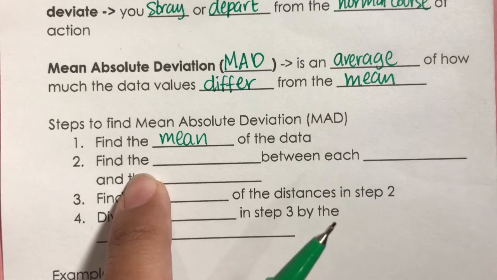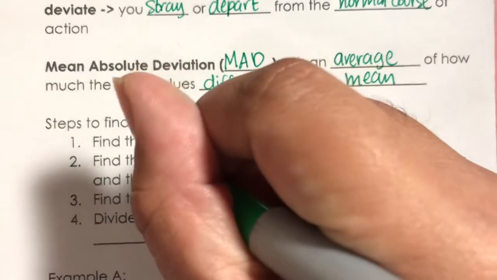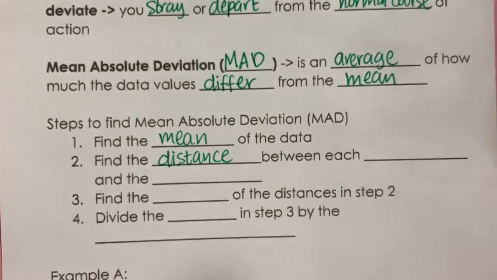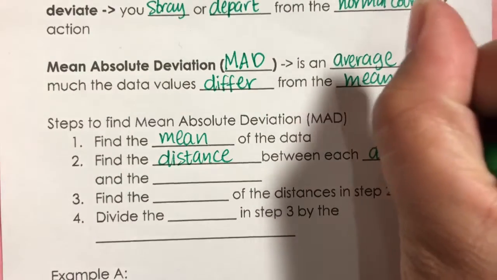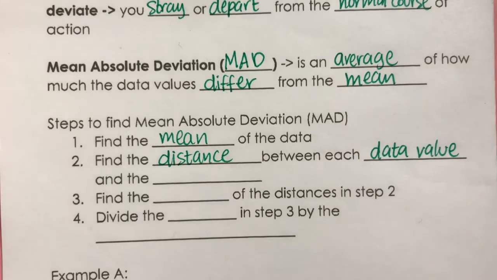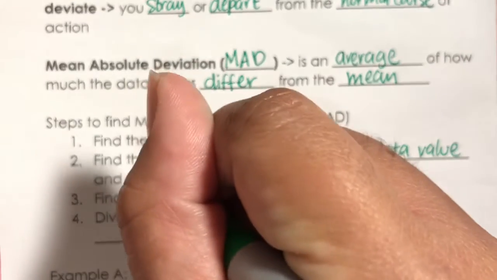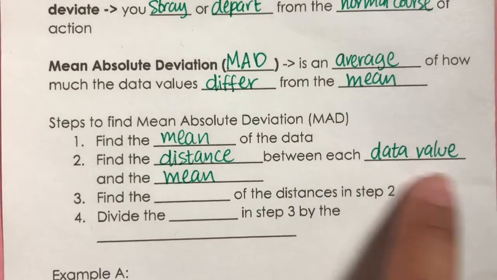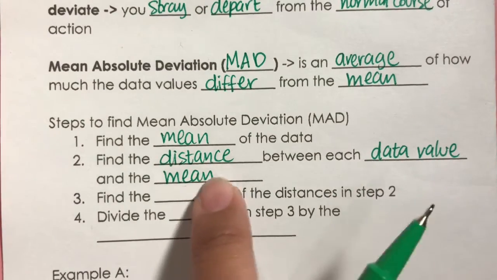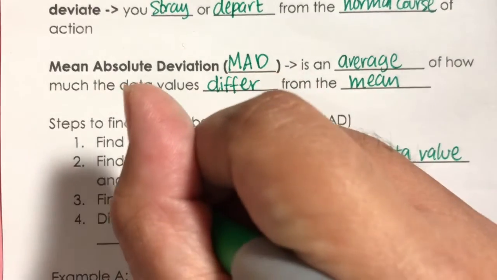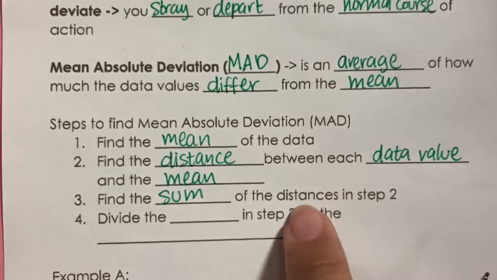Okay, so we're looking for the mean. Second step, we're going to find the distance between each data value and the mean. So we're going to find the distance between each value in the data set and the mean of that data set. Step 3, we're going to find the sum of the distances in step 2.